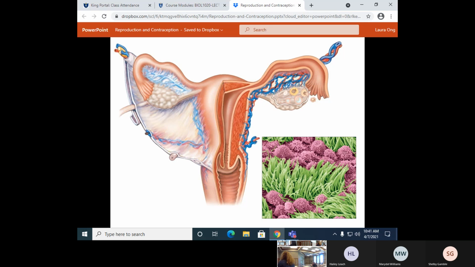That's what they are. And then the second structure that we need to know on here is this particular lining here that's in the light pink. So it would be this layer and this layer right here in the light pink. And that's called endometrium.